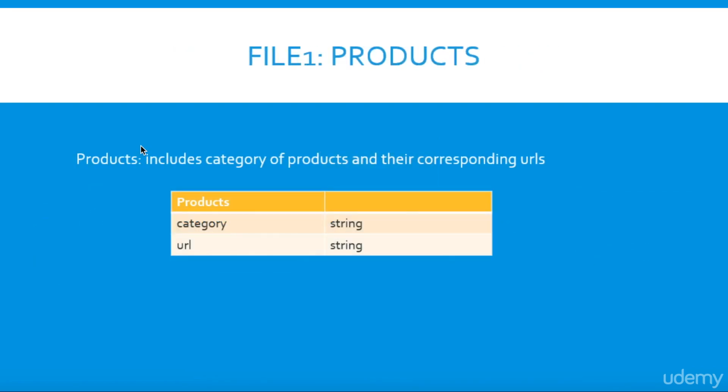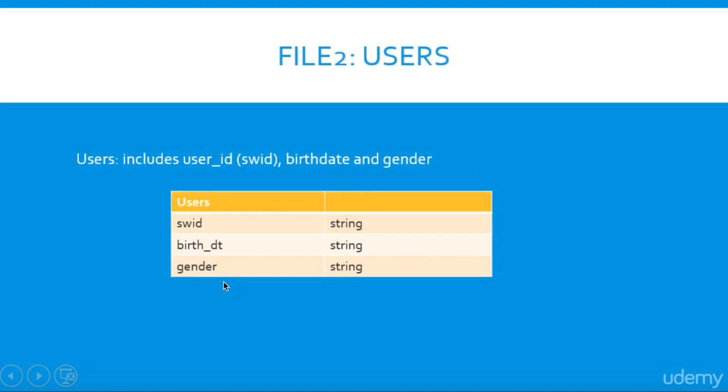Let's have a look at the sample data and their schema which we will be using in this demo. There are three files. Products: it includes the category of products and their corresponding URLs, and this is the schema of the file, category and URL. Users: this file contains details of users who visited the website, and this is the schema.